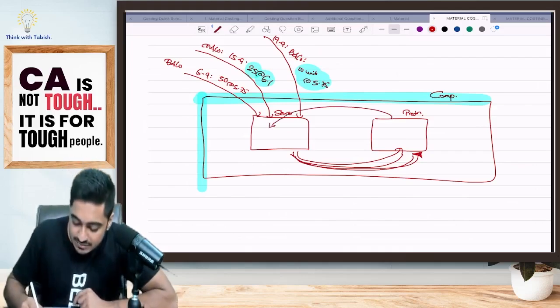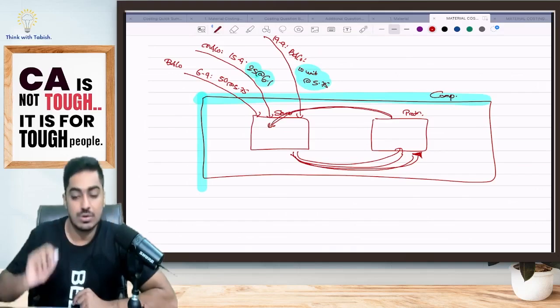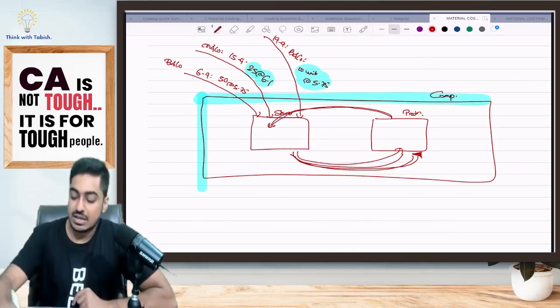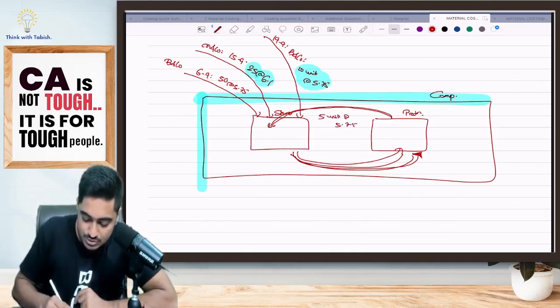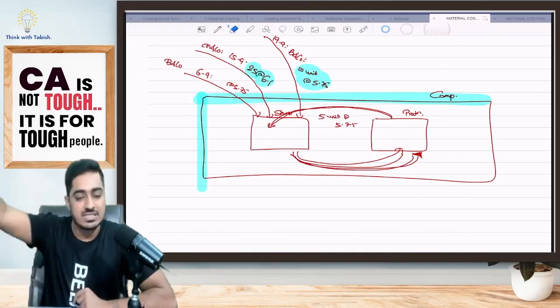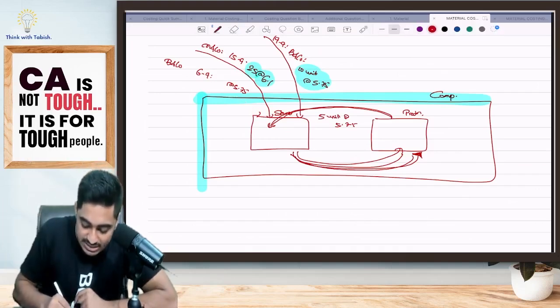Now I am having these units in my balance. How many units was it? It was 5 units at the rate of 5.75. So 50 units I have received. In that, 45 are somewhere issued. 5 units are still there with me.